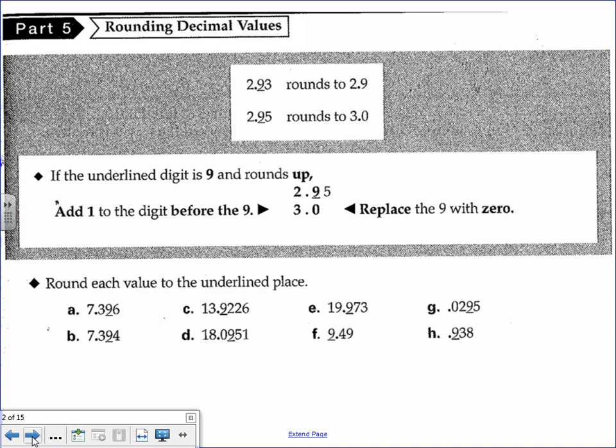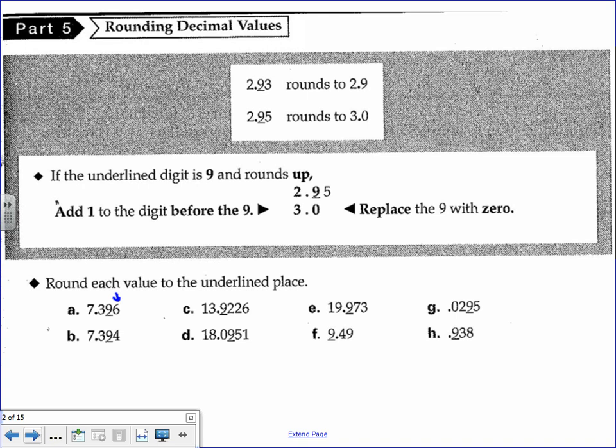And here, this side talks about rounding nines. Okay, when you have to round a 9, what do you do? So again, we look at the underlined digit. In this case, it's a 9 for letter A. I look to the right, it's a 6. That 6 tells me I need to round up.